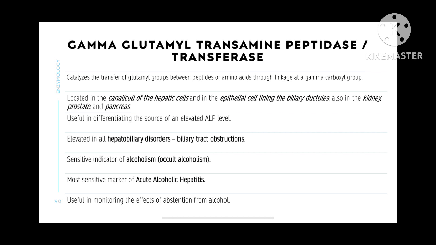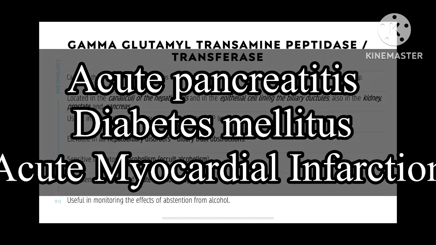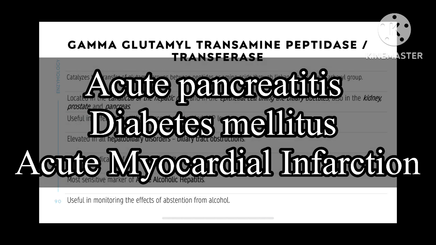Brief recap: gamma-glutamyl transferase is associated with drug and alcohol abuse. GGT levels are also elevated in other conditions such as acute pancreatitis, diabetes mellitus, and myocardial infarction.